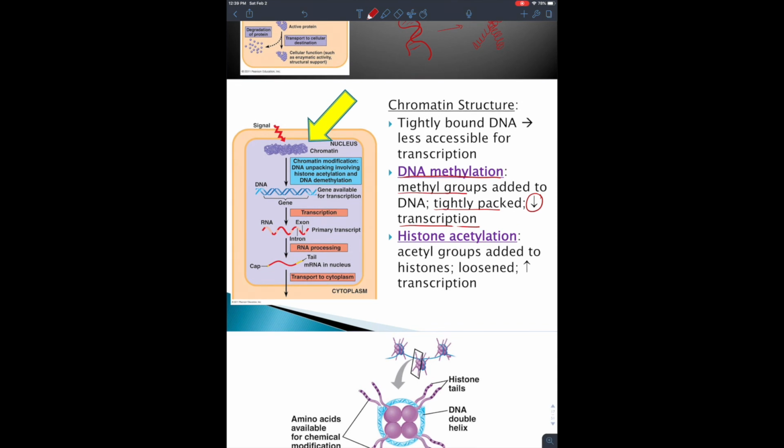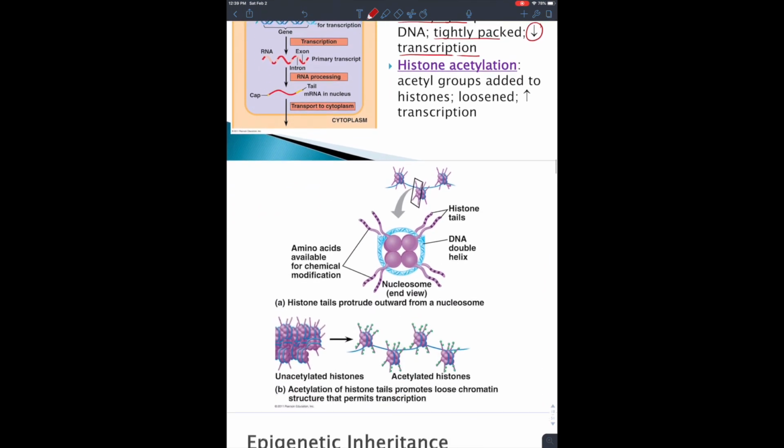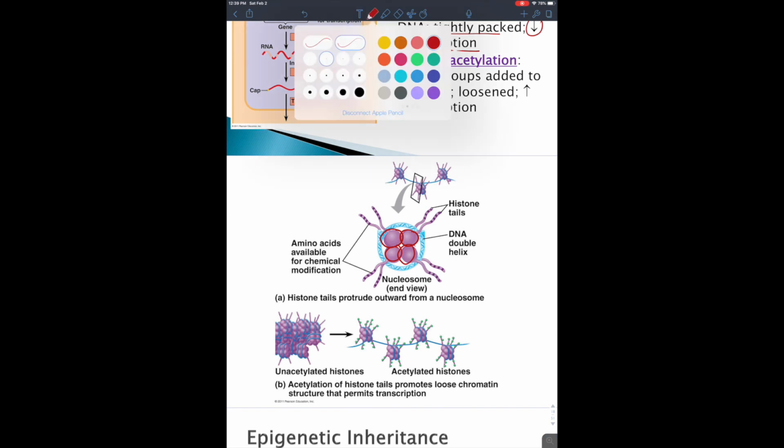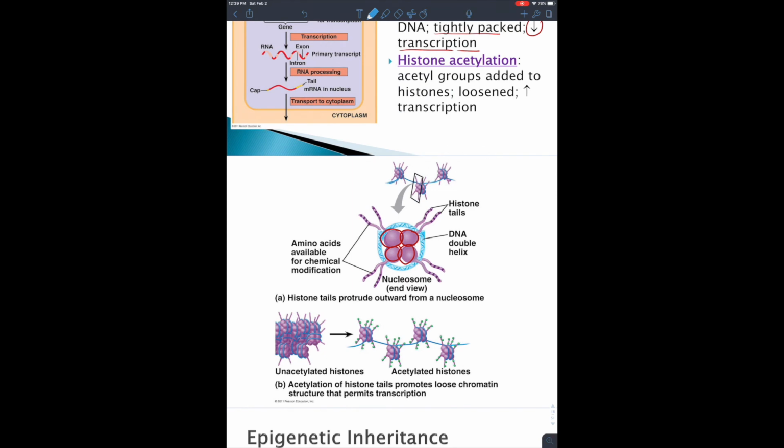So in order to get that DNA to loosen, I have to do histone acetylation. If you remember, I'm going to look at the picture at the same time. You have histones, little circles, that this blue DNA is wrapped around. It helps them organize.